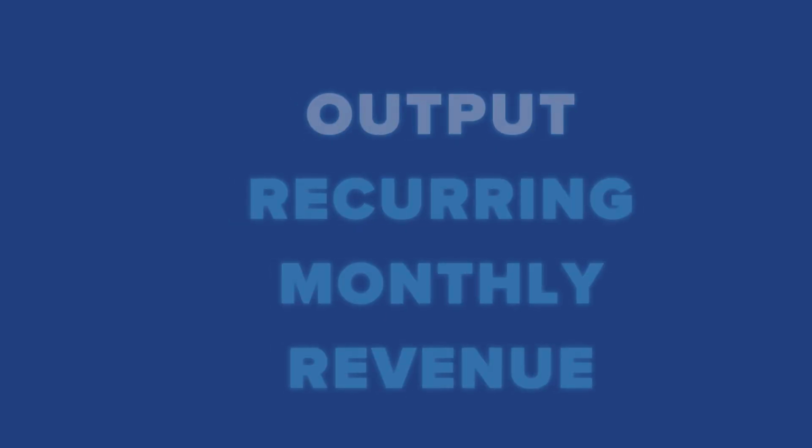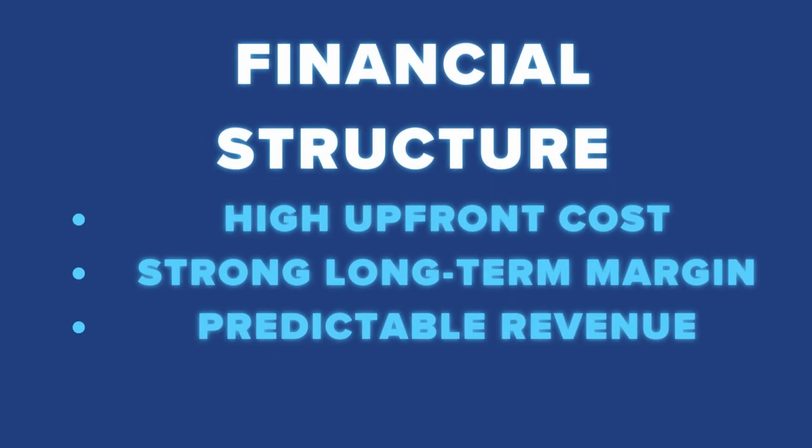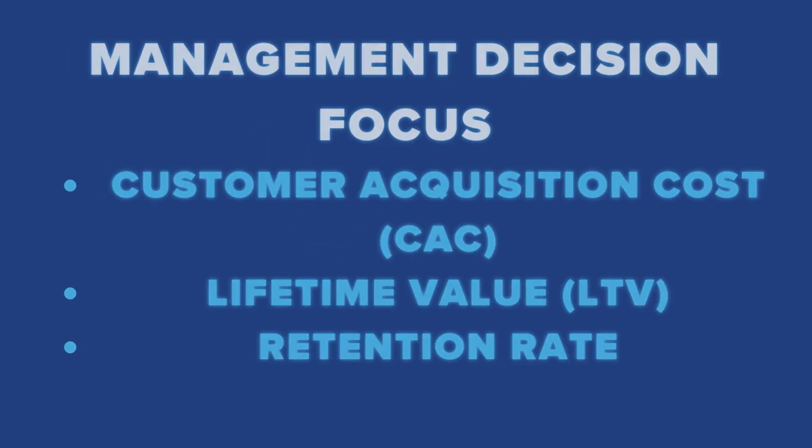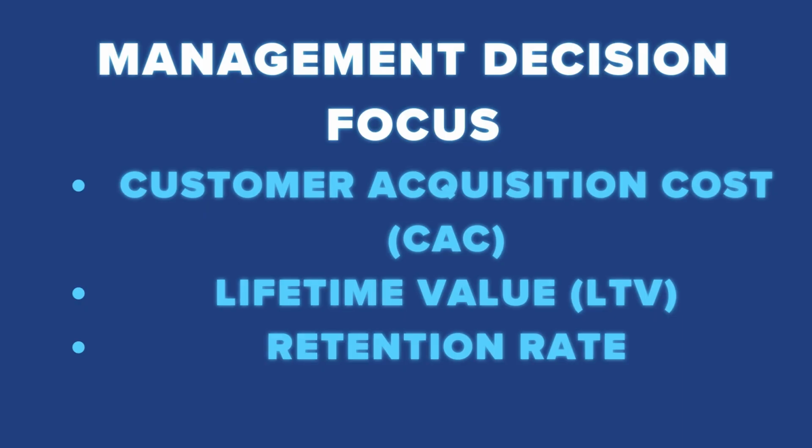The financial structure has high upfront costs, strong long-term margin, and predictable revenue. The key risk is customer churn. The management decision focus is customer acquisition cost, CAC, lifetime value, LTV, and retention rate. In subscription models, retention matters more than sales spikes.